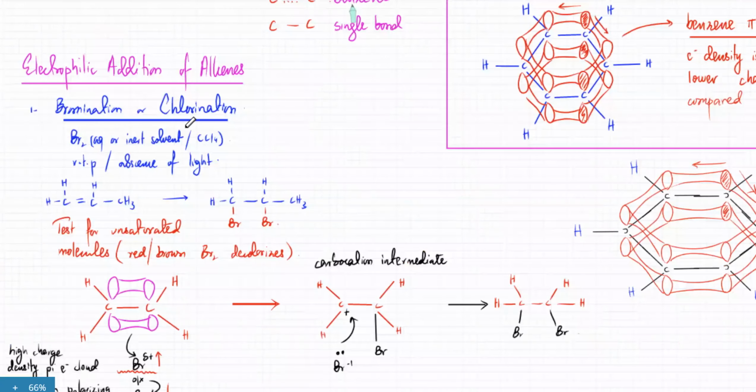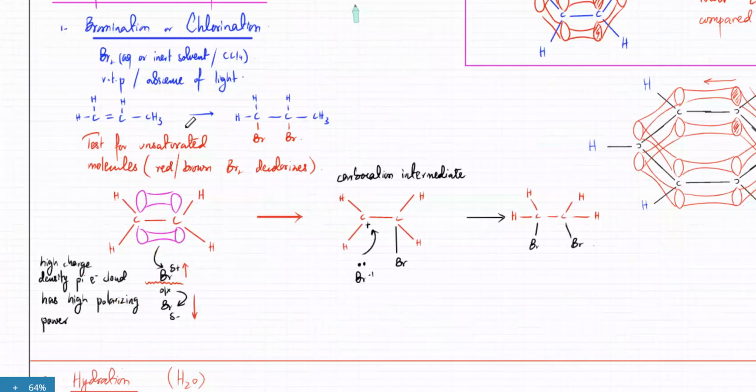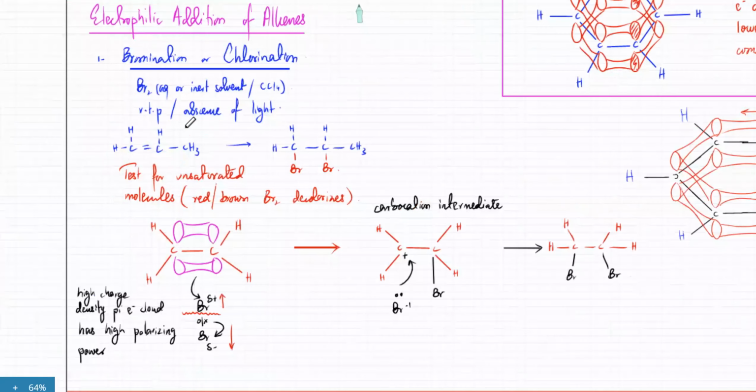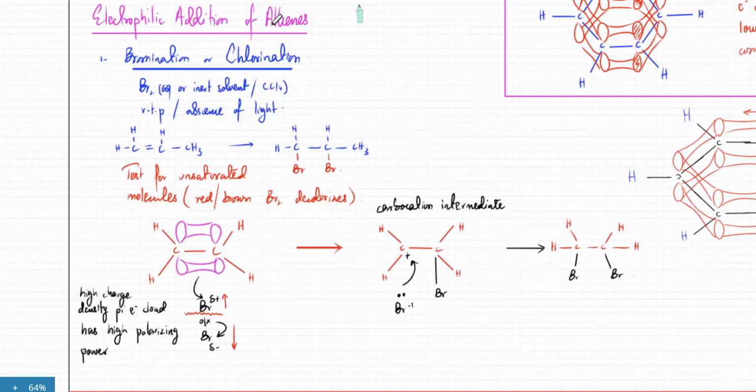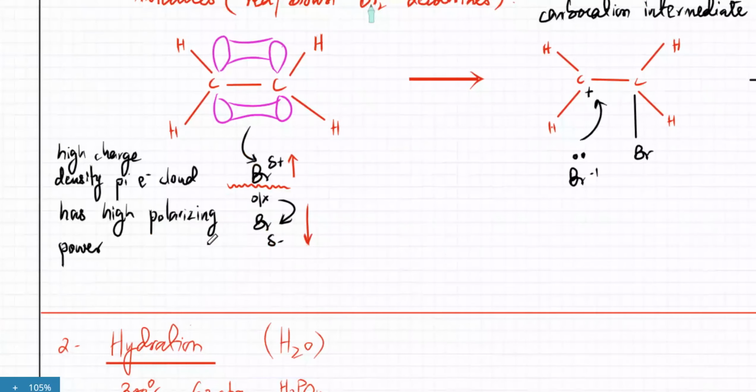So we did the mechanism for alkenes. Now in alkenes, you had electrophilic addition, which you did in AS. The electron density was very high. So this was the bromination reaction, where you had a bromine molecule, and the bromine molecule would get polarized because there was a very high negative charge over here because of the double bond, the pi electron cloud. So the electrons in bromine would get repelled.